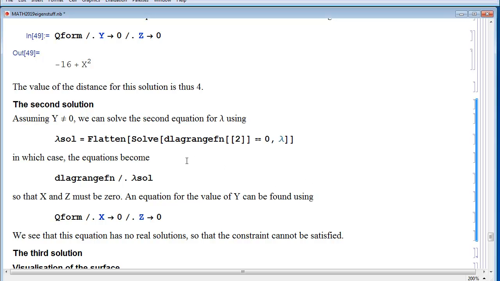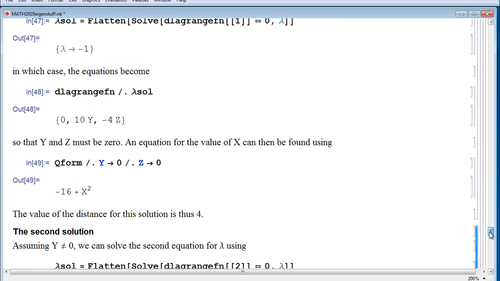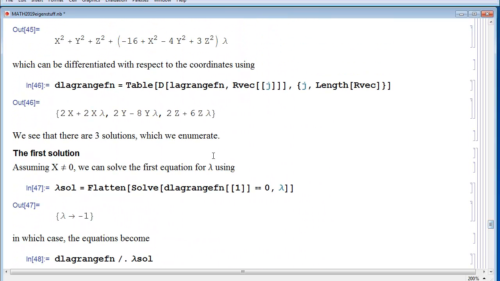And now to get the second solution, if we go back and look at the equations, then we can assume that y is not equal to 0 and set this equation equal to 0 and solve for lambda.